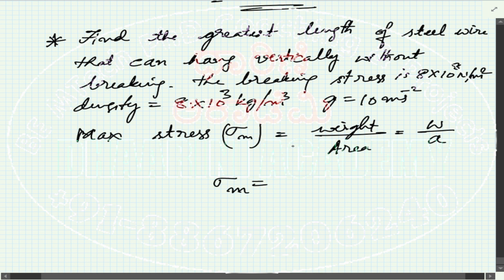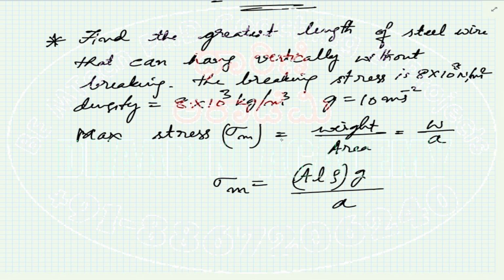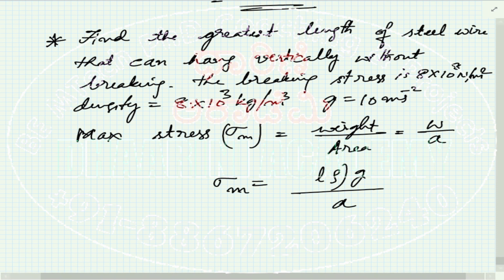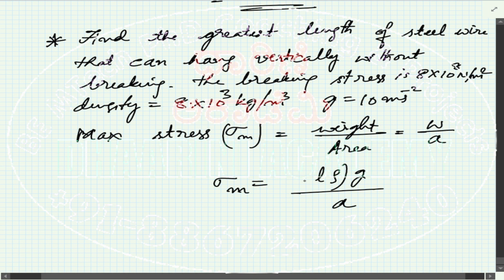So this means I can write the area into length into this density given times g divided by area itself. Okay, so area, I think I wrote a small letter earlier, so let me make it small here. So this is a, so this and this will cancel.